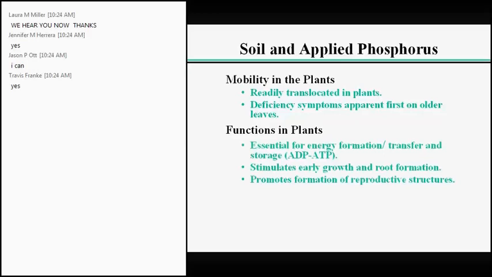Functions, again, transfer of energy, main thing, stimulates root growth and root formation. This is critical in the spring, especially for perennial crops.